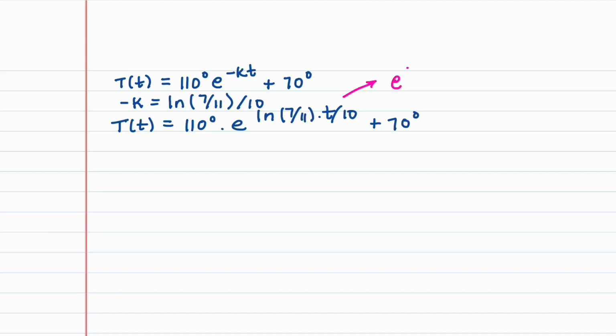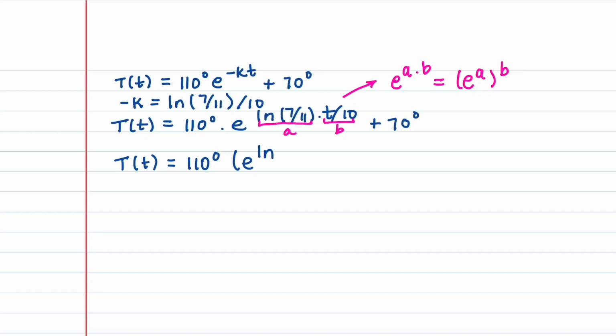If you have e to the a times b, you can write this as e to the a raised to the b. So we're going to say that this part is our a and that part's our b. This gives us our temperature is equal to 110 degrees times e to the natural log 7 over 11 raised to the t over 10 plus 70 degrees.